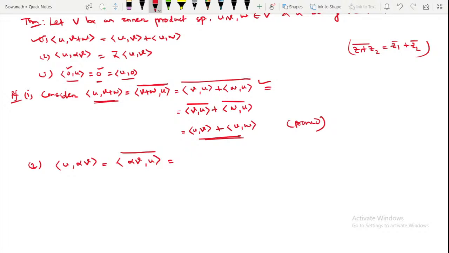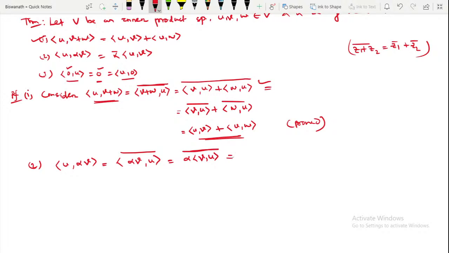The inner product of alpha v, u is alpha times the inner product of v, u, and the whole conjugate is there.